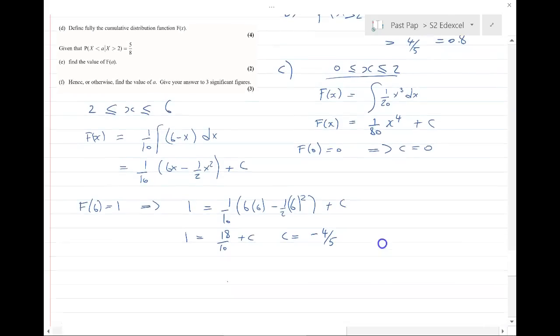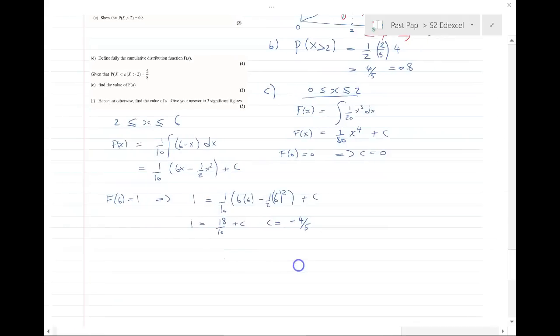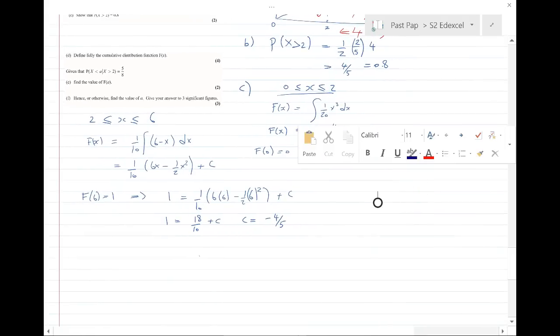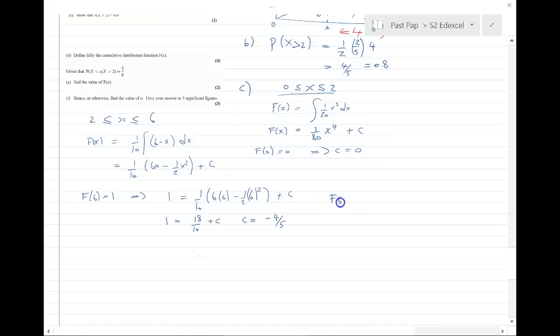So now we can fully specify, because we've got our two rules for our functions here. Let's do it over here. So F(x), well, first of all, if x is less than 0, it's equal to 0 because it accumulates, so the value can't be less than 0.